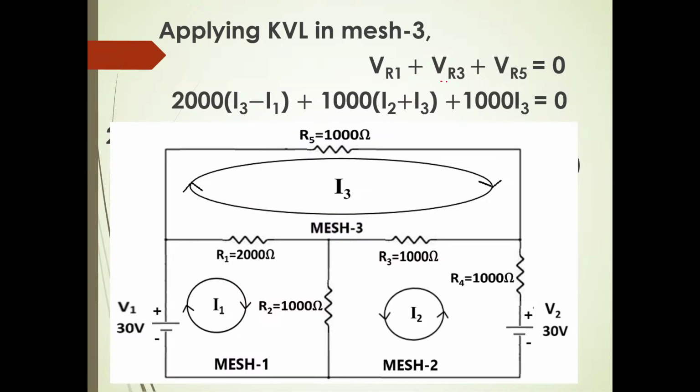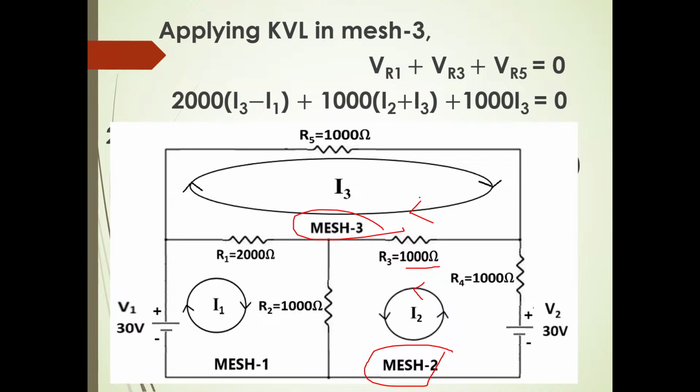So, where is R3? This is our R3. What is the R3 value? It is 1000 ohms. So, what is the voltage across R3? R value is 1000. What is the current? R3 is between mesh 3 and mesh 2. Therefore, let us see the loop current direction. I3 direction is this.